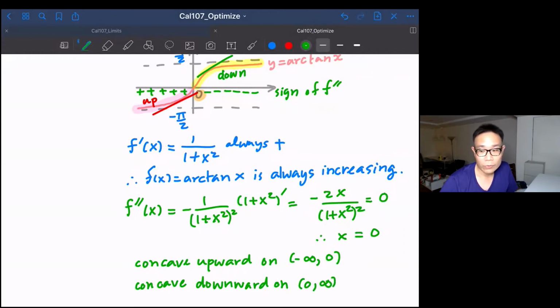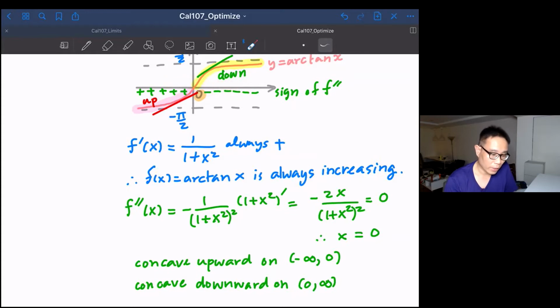Okay, so this is the thing that we have. So for concavity up, for concavity down, it's gonna turn out to be this calculation. And by the way, if you want the inflection point, you see that at 0, the sign will change from up to down in this case.